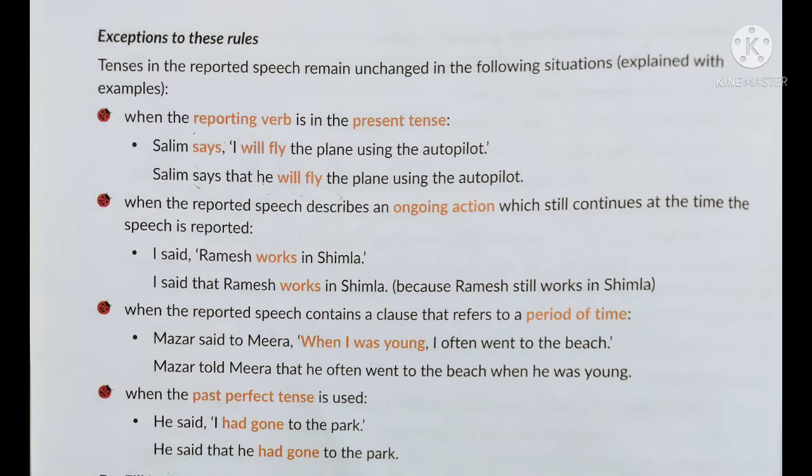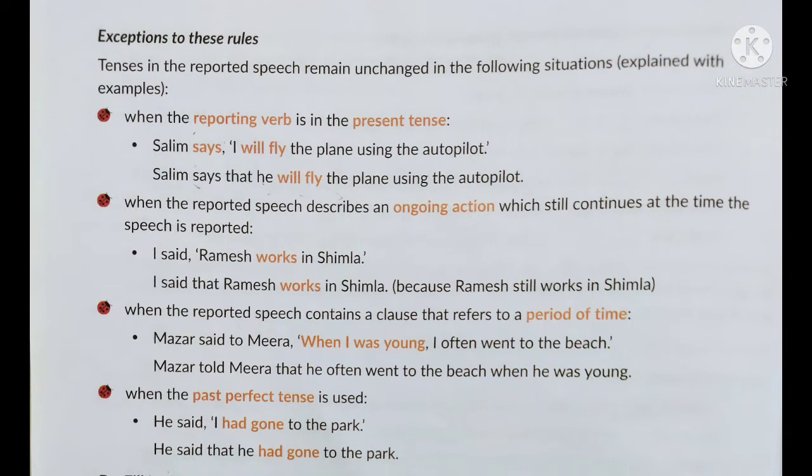When you change it into indirect speech, it becomes, Salim says that he will fly the plane using the autopilot. So when the reporting verb is in the present tense, in some situations it remains unchanged.